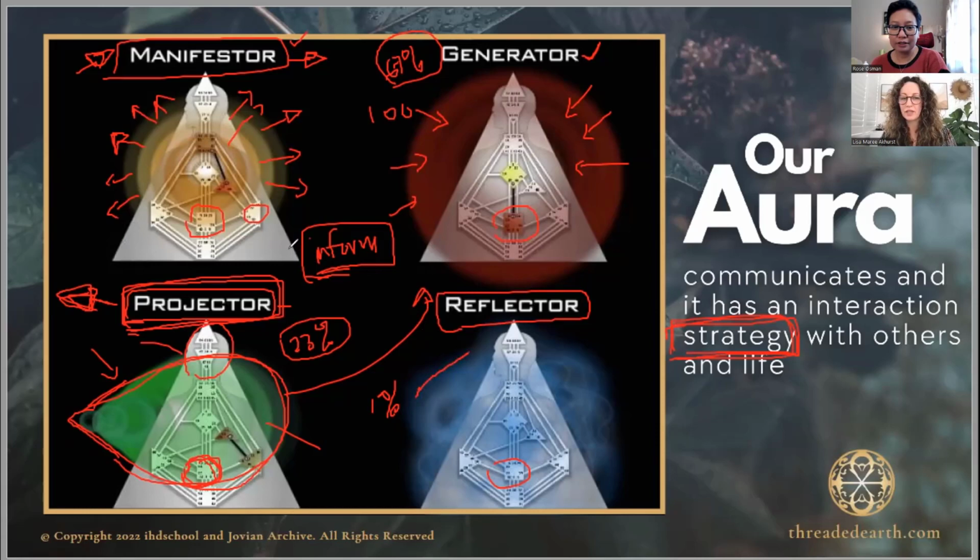Reflectors are kind of similar to manifestors in terms of the closed quality they have in their aura, but we don't call the aura closed. But a reflector is not here to be penetrated by others.